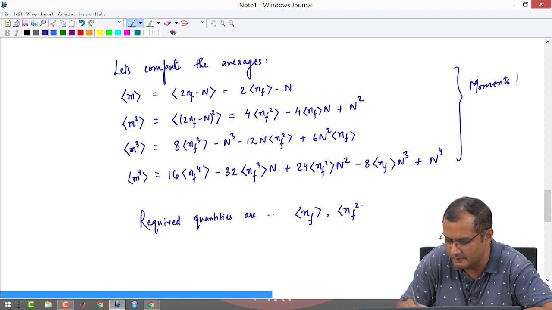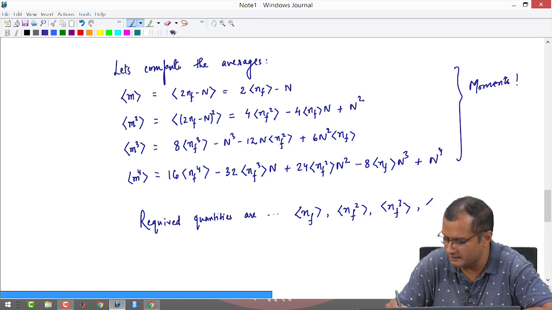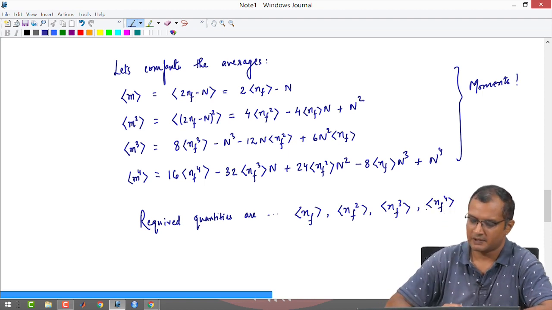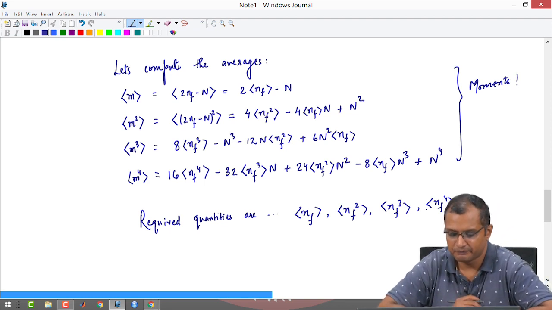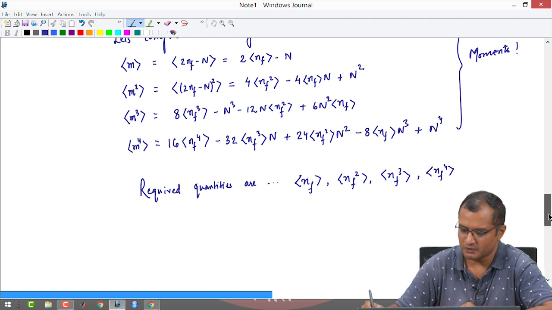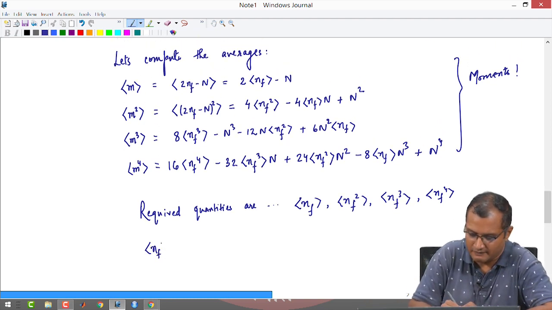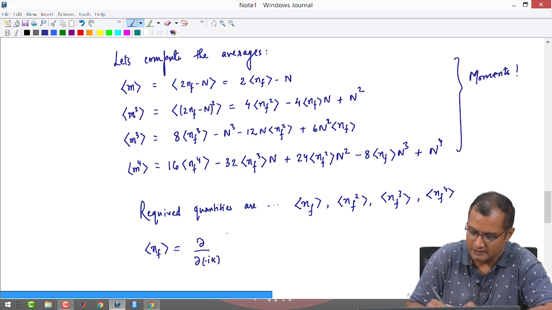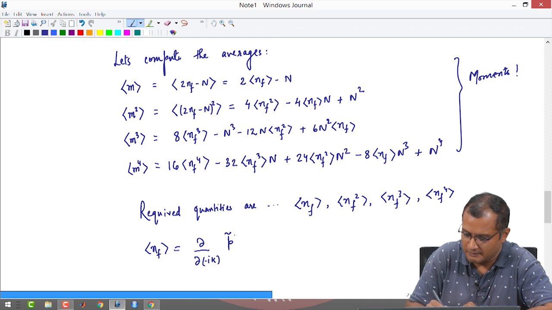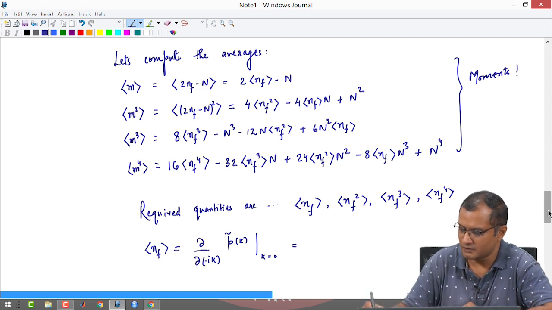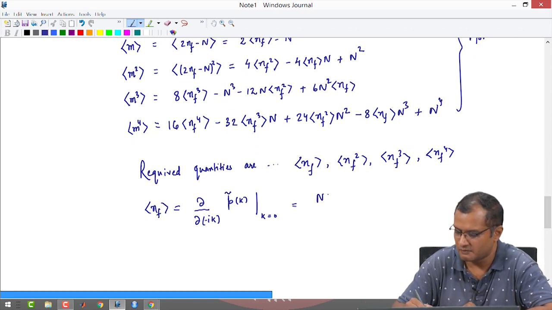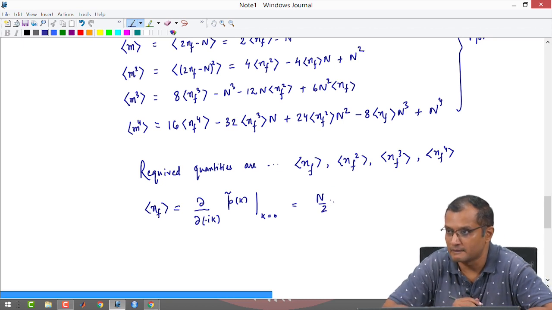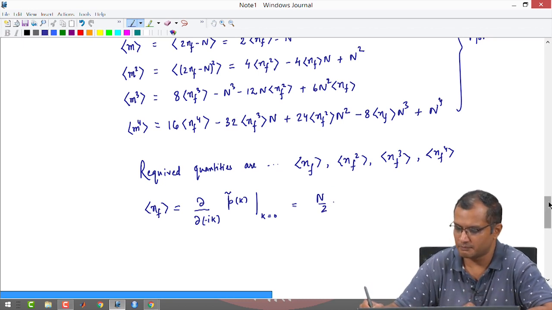All you need is basically these moments and the fourth moment, and that will give you the moments of M. Okay. So, let us compute the moments of small nf, and that you already know, this is n times p of a, which is n by 2. Okay, this we have already computed, but if you want you can compute again from this expression.